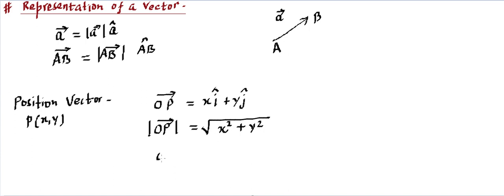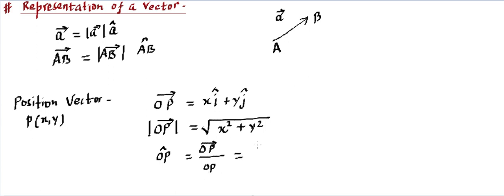Also you can write the direction, which is going to be written as OP cap, as per this formula. We can write the direction as A cap is equal to A vector divided by the magnitude of A. So this formula becomes OP vector divided by the magnitude of OP vector, or we can simply write OP.